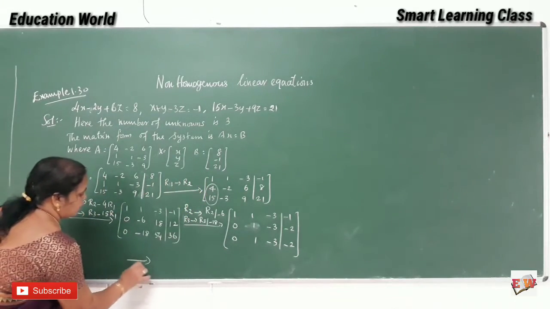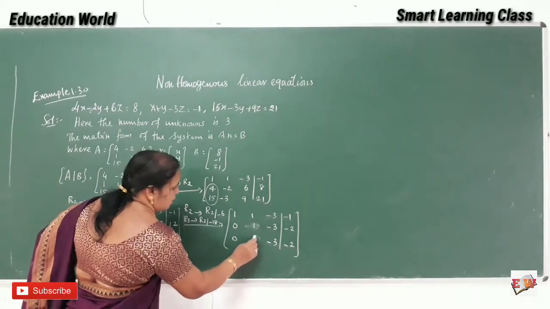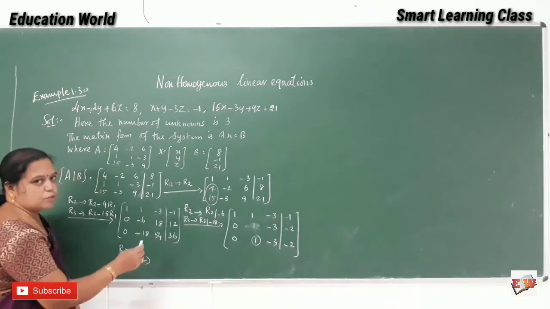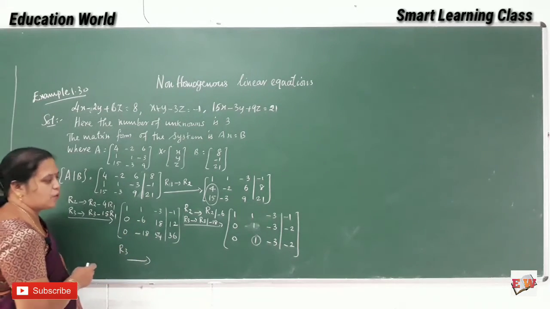Next I am going to reduce this term. For us this term should be 0; only then is it known as row echelon form.